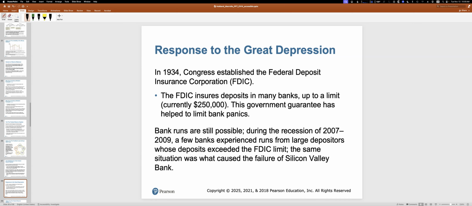Today we have, as part of the reason why we saw all the banks failing during the Great Depression, the establishment of the Federal Deposit Insurance Corporation, the FDIC. And what the FDIC does is it ensures that you will get back all of your deposits up to $250,000 if a bank fails.